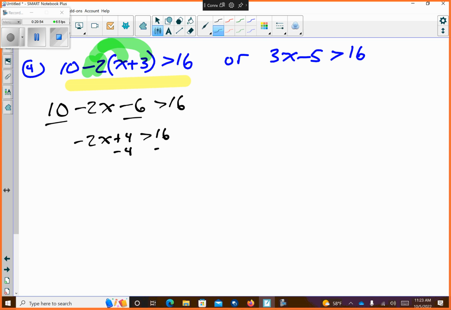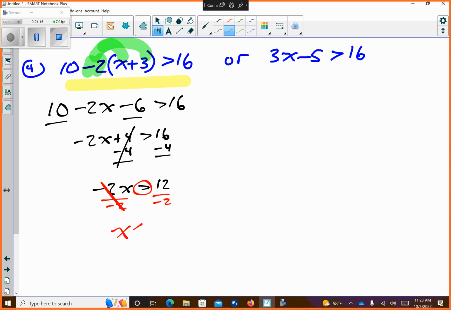Subtract 4, subtract 4. Those cancel. I have $16 in my pockets. I want to buy something that's $4. 12. Okay. Divide each side by negative 2. Uh-oh. What happens when I divide by a negative?